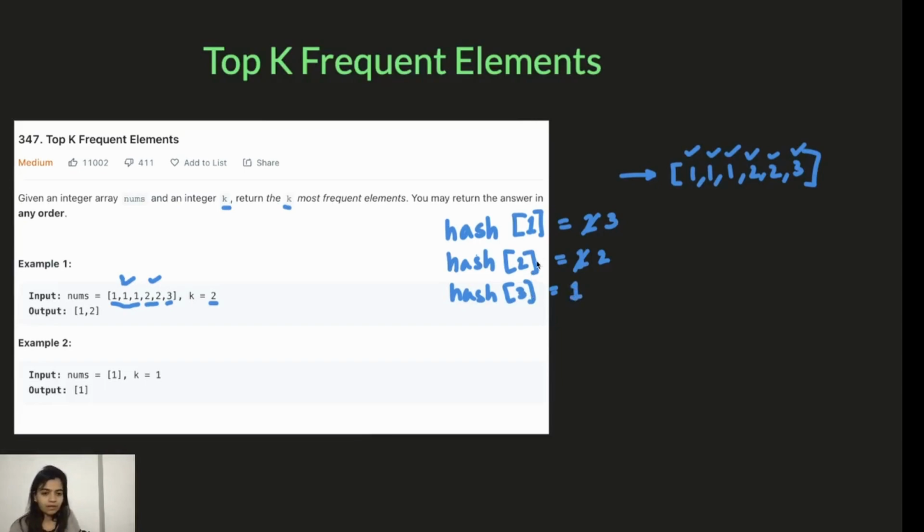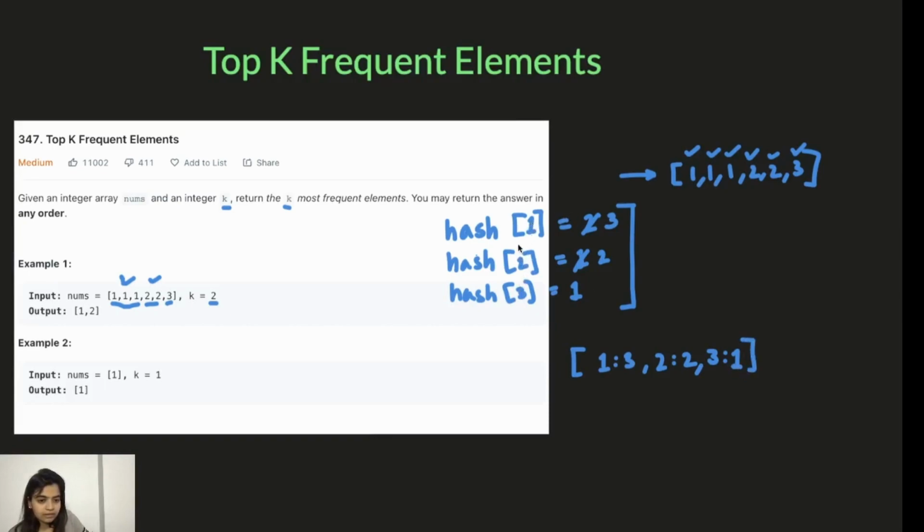Now what we do is we sort the hash by its values, that is the frequency of each element in the array. We have to sort in descending order. So once we sort it, we get something like this: 1 has occurred 3 times, 2 has occurred twice, and 3 has occurred once.